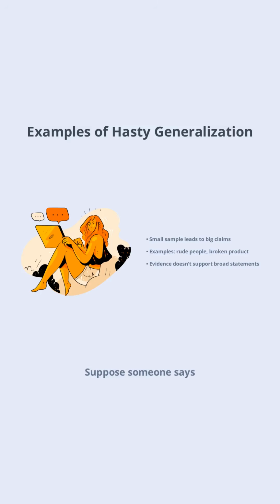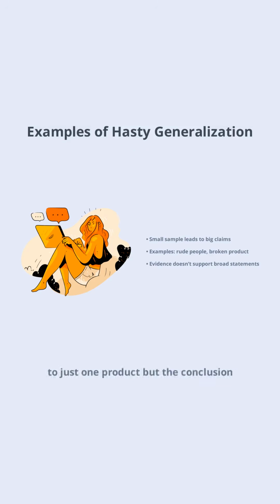Suppose someone says, "I met two rude people from that city, so everyone there must be rude." That's a hasty generalization because the sample size is way too small to justify such a big claim. Another example: this one product broke after a week, so the brand makes bad products.